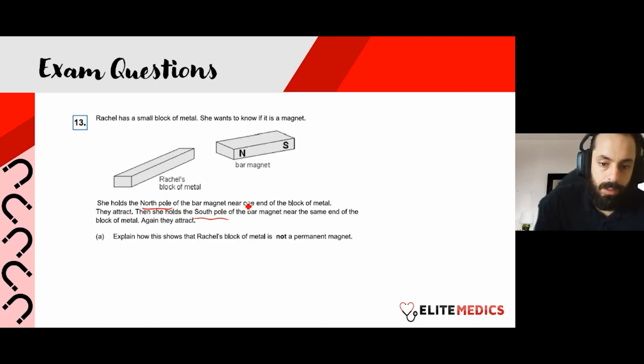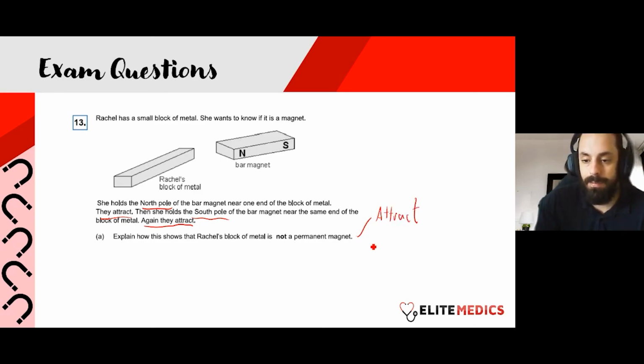Okay, so north pole attract, then the south pole also attracts. So explain how that shows that Rachel's block is not a permanent magnet. Remember, permanent magnets can both attract and repel.